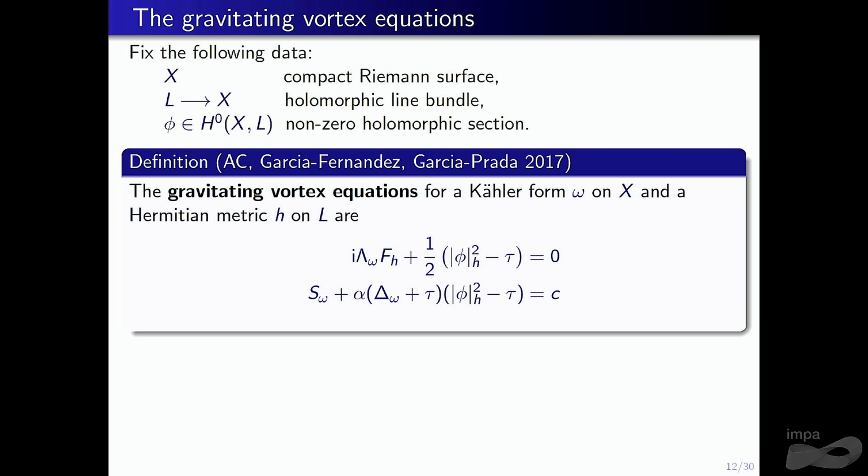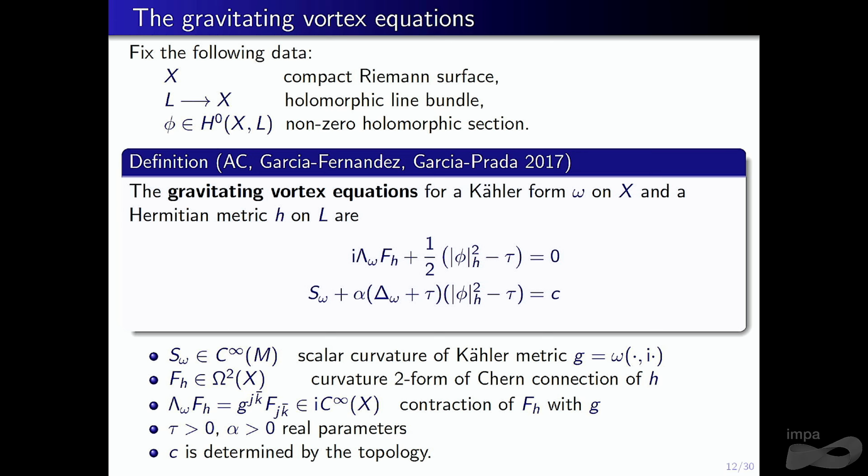Then the equations we started to study about 8 years ago are these, the gravitating vortex equations. They are the Einstein-Bogomolny equations, but they now make sense on any compact Riemann surface. Because, as I said, if C is 0, then the genus is 0.